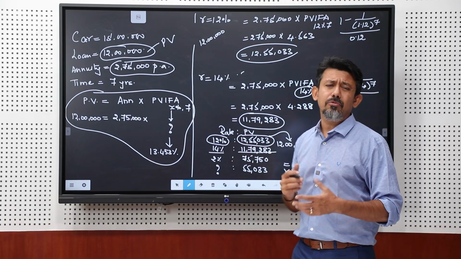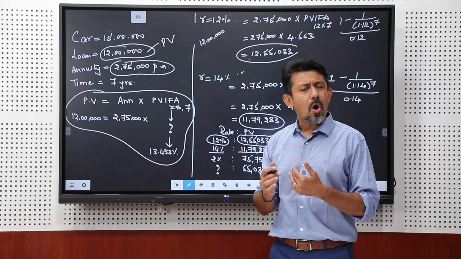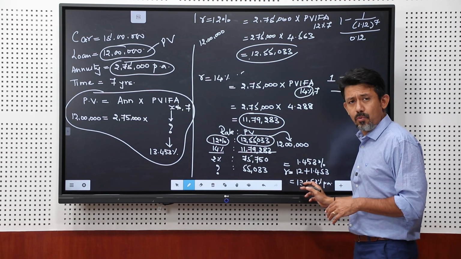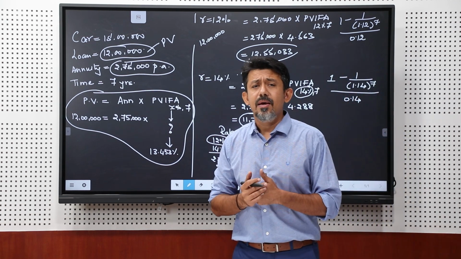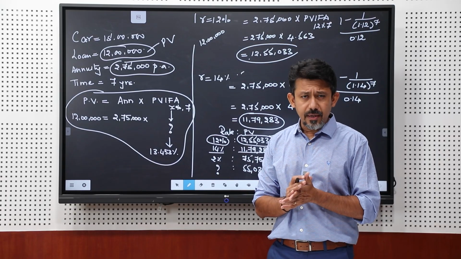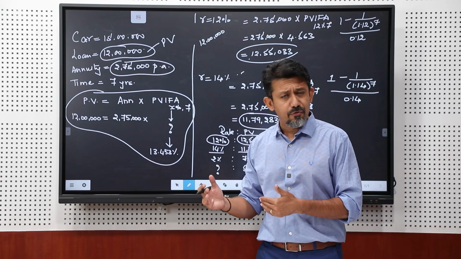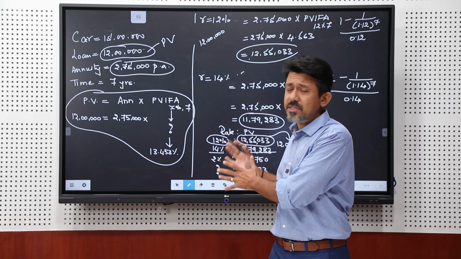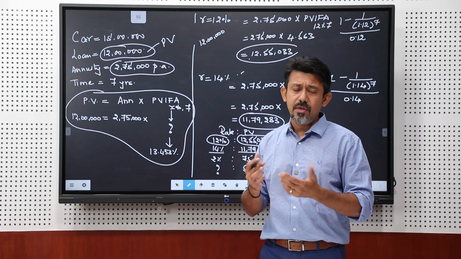A 2%, 3% delta will more often than not give you a very accurate value of the rate of interest involved. So I hope this makes the trial and error method clear. We could be using several formulas, future value, annuity, single cash flow, but the process of guessing the rate of interest remains the same.